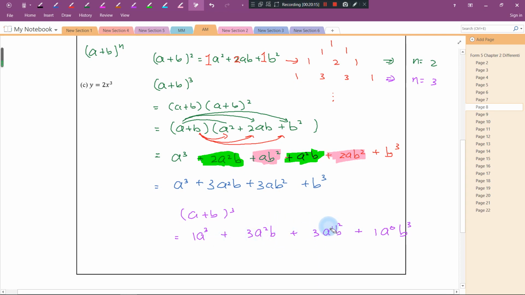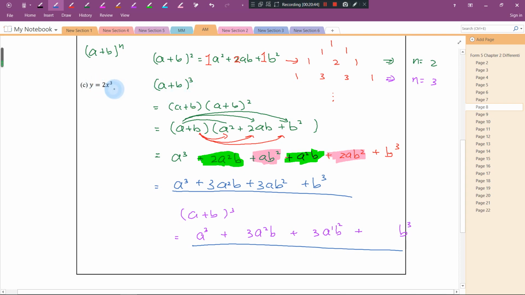This power 1 you don't have to write as well, and 1 we do not write. Okay, you try to compare this one with this one. A cubed, 3A squared B, 3AB squared, B cubed, exactly the same thing, right? So if you know how to use the Pascal triangle to help you, you can do the expansion easily.